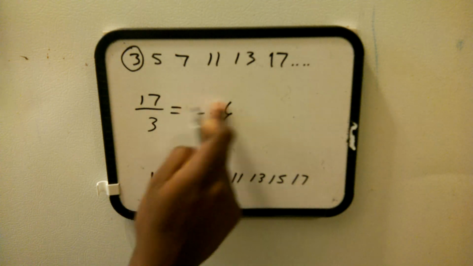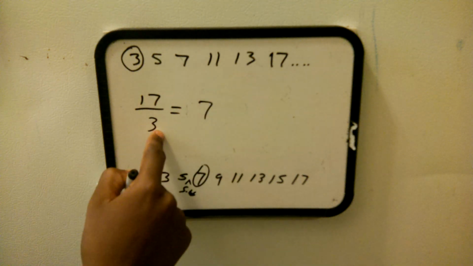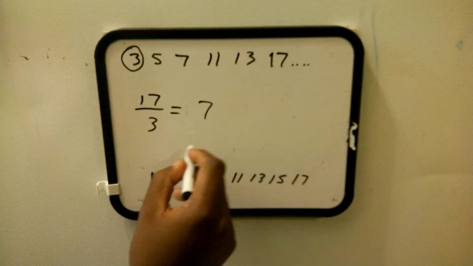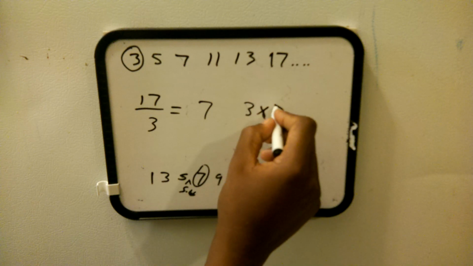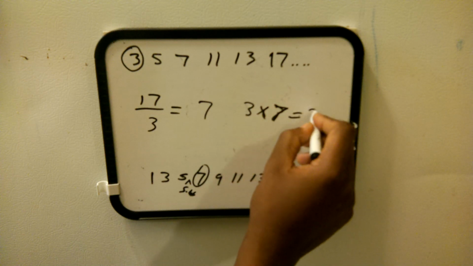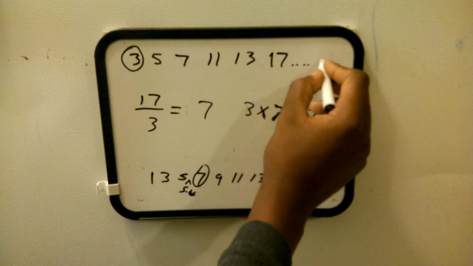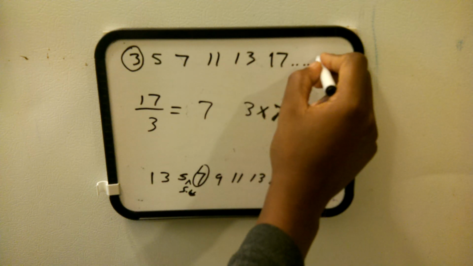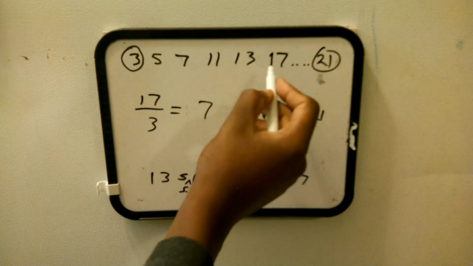So we're going to take this, put 7, multiply that times 3, and 3 times 7 equals 21. So to find our next prime number, all we need is the number 21. Put 21 there. All right. Now we find the numbers.